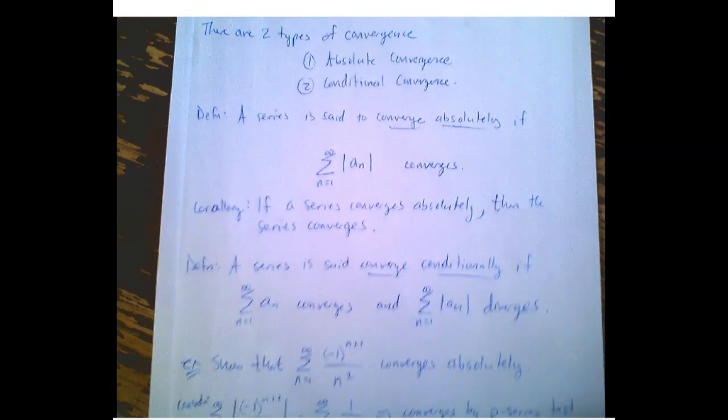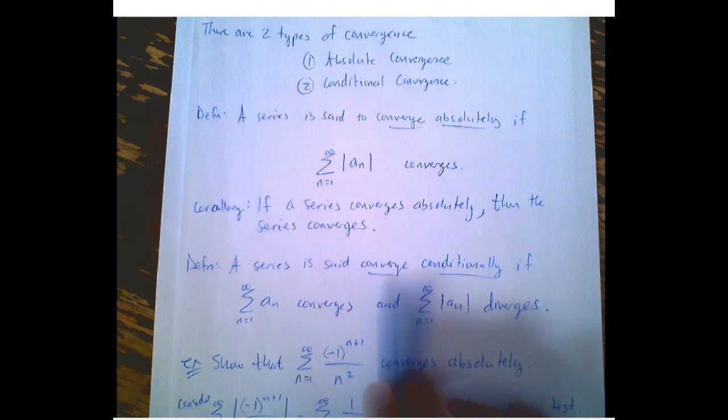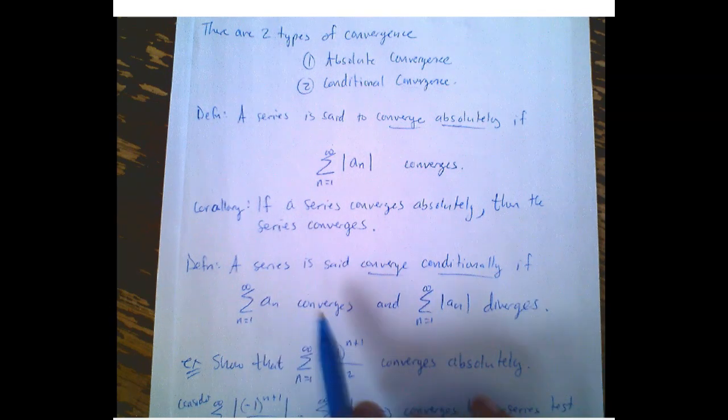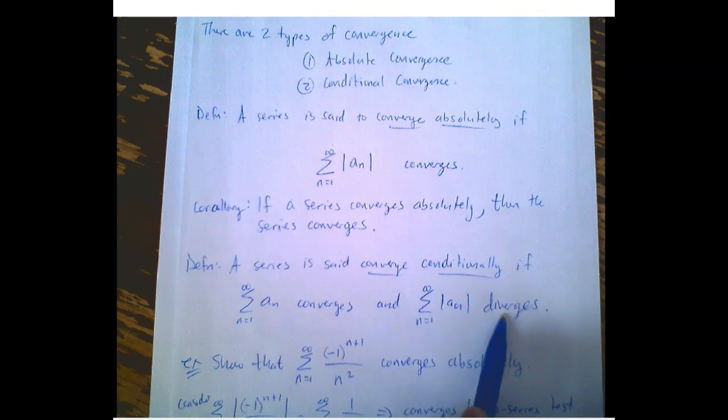Recall, with conditional convergence, we know that this is not going to converge absolutely, but the alternating series may converge, right? We know a series converges conditionally if the original series converges, but the absolute value series diverges. So let's see.